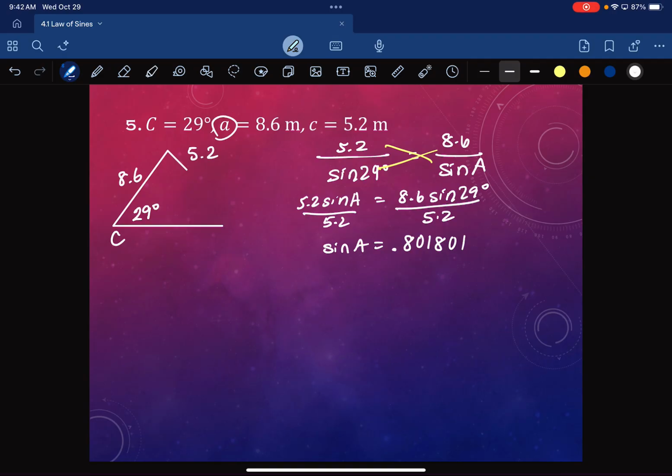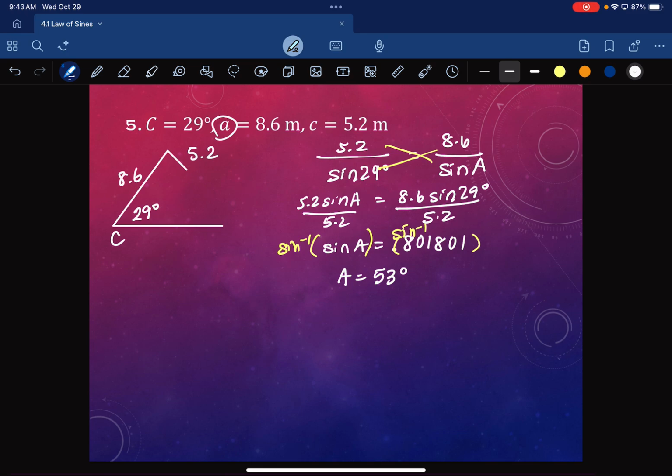Cool. And how do we find angle A? I'm going to do inverse sine, right? And when I do that, I will get angle A, I think I have 53 degrees. Is that what you guys got?